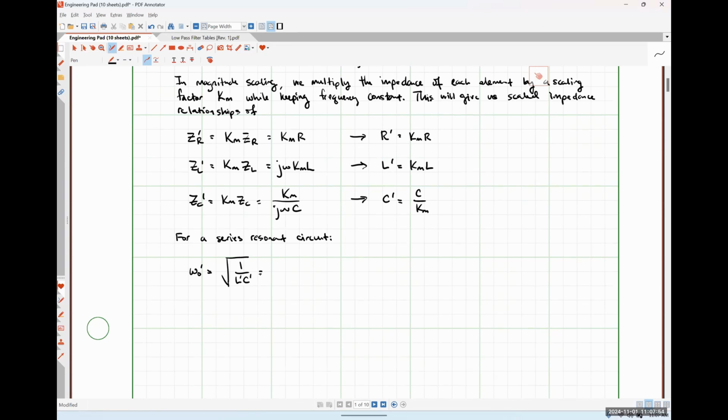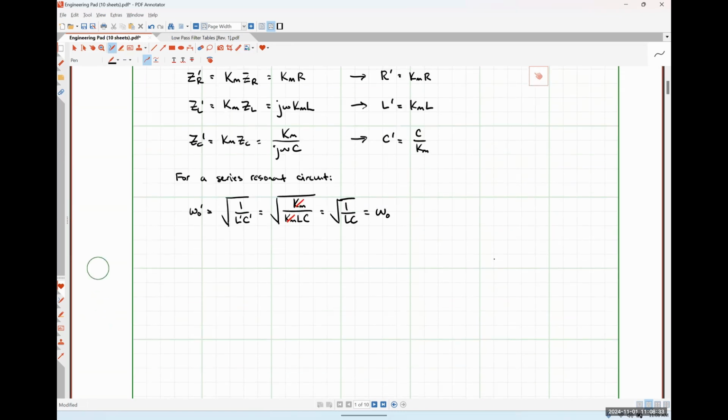So if I substitute things in here, I'm going to have the square root of 1 over Km times L, and my scaled version of C is going to look like a C down here and a Km in the numerator. These guys obviously cancel each other out. And so we're left with simply the square root of 1 over LC, or omega naught. So magnitude scaling does not change our resonant frequency at all, okay?